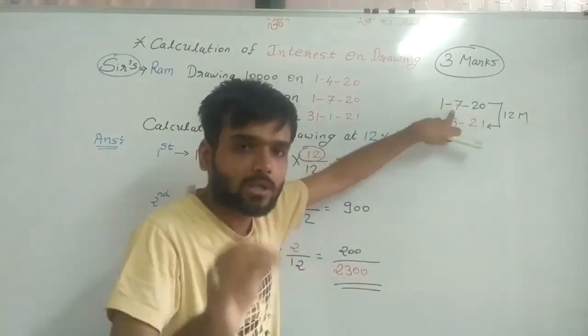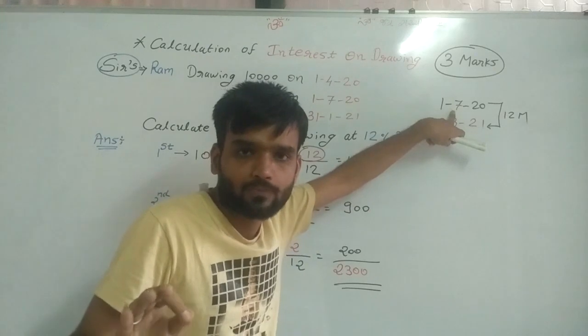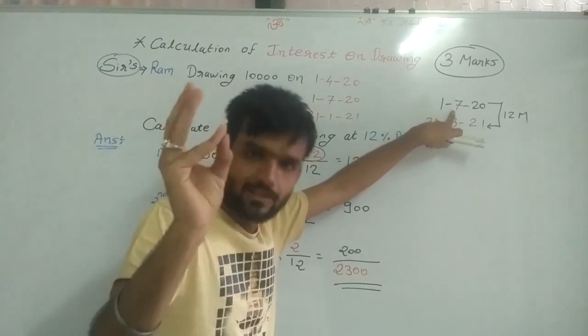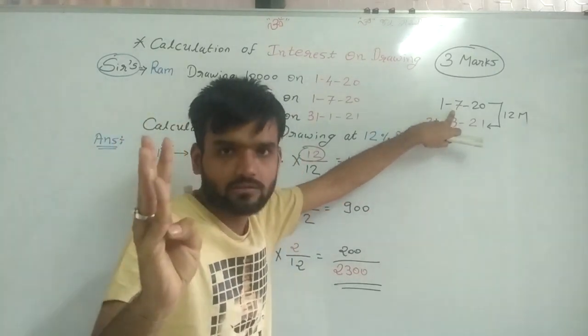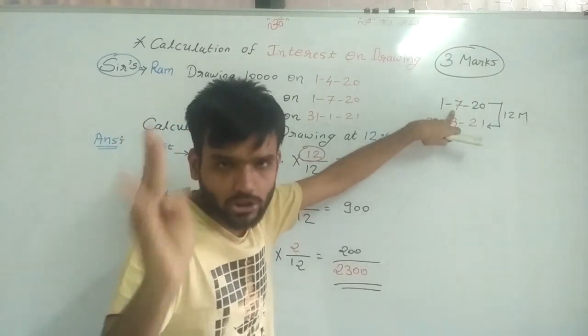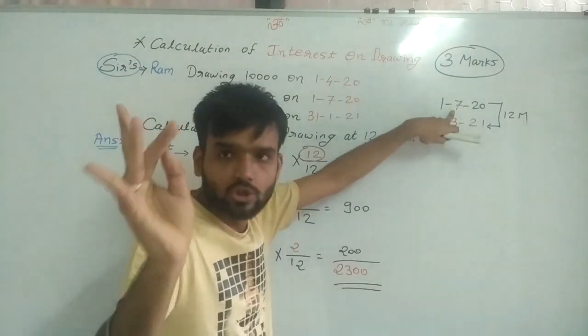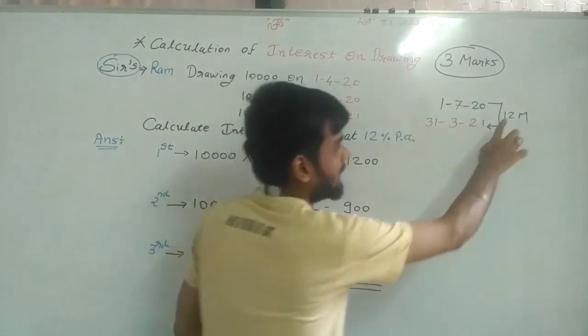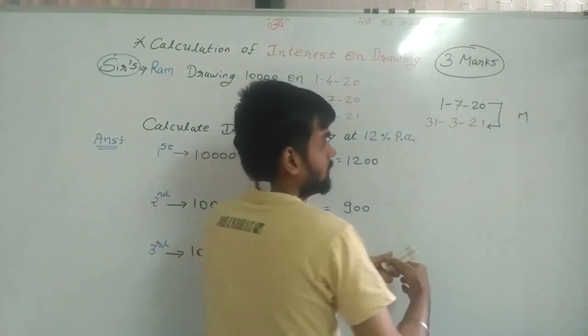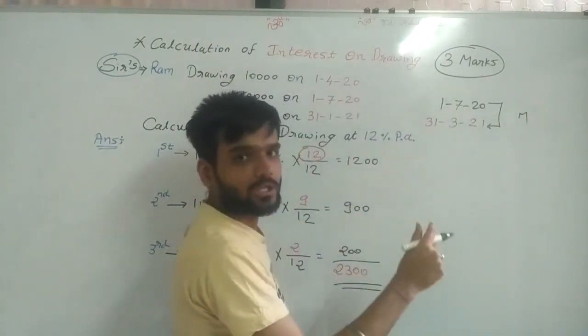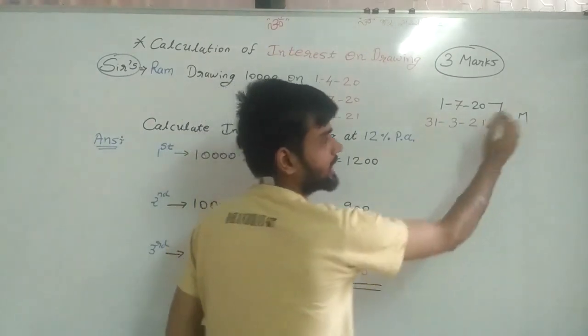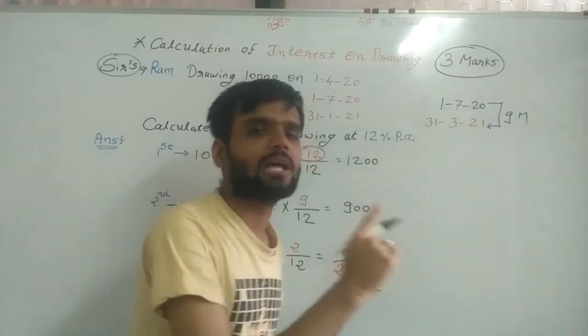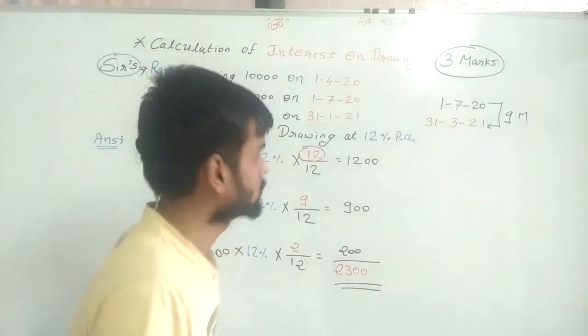The 7th month is a full month. So calculate from 7: 7, 8, 9, 10, 11, 12, 1, 2 and 3. So 9 months are there from 1/7/20 up to 31/3/21.